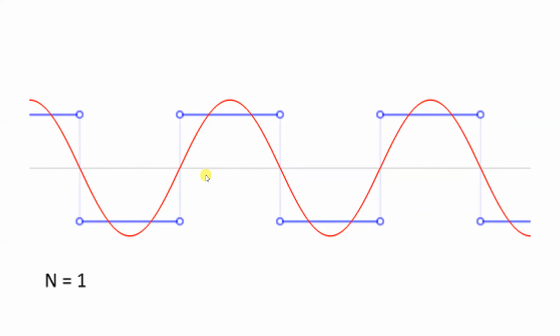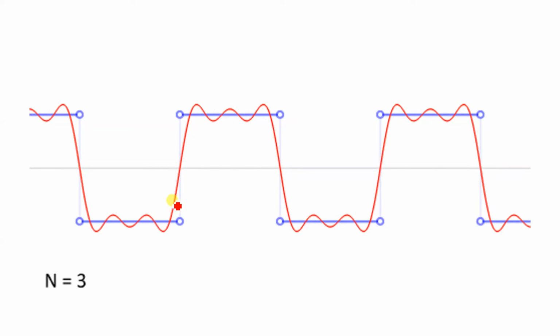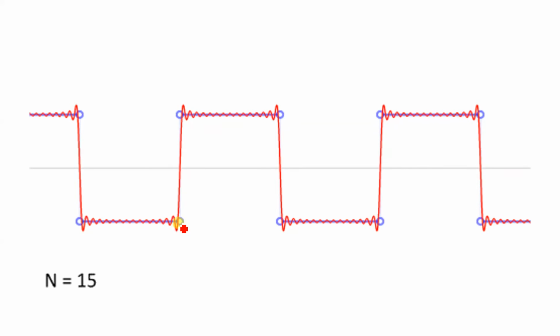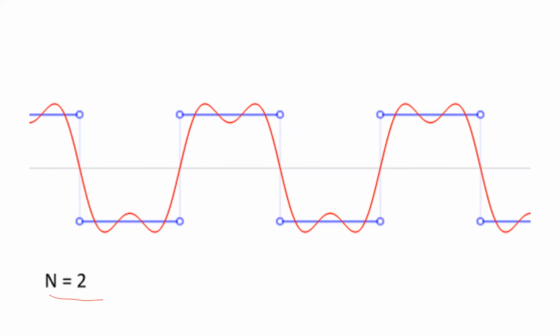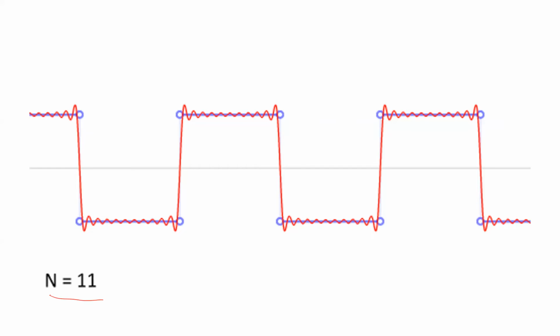So again, you can see the Fourier series for different values of n. As n approaches infinity, or as n becomes larger, the graph of the Fourier series actually becomes the graph of the original function.